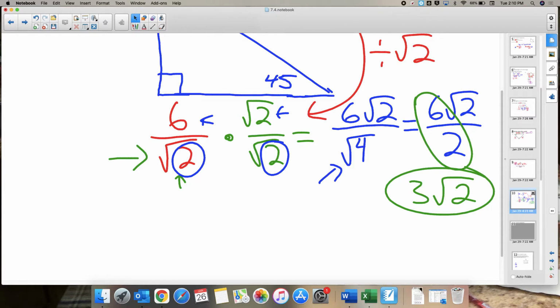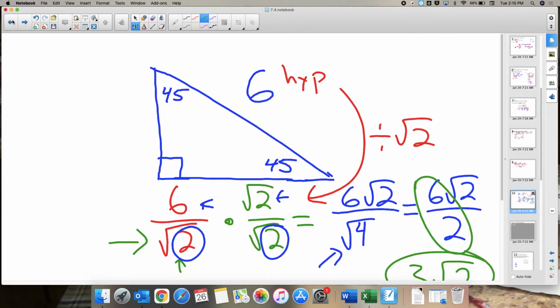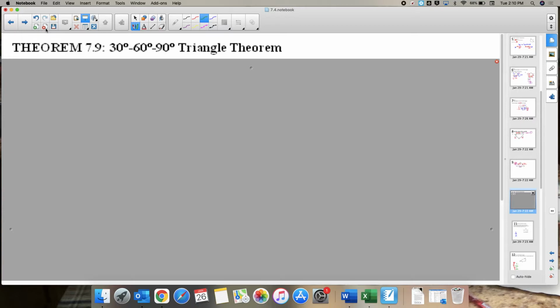The other figure we're going to work with, our other specialty right triangle, is going to be known as a 30, 60, 90 right triangle.